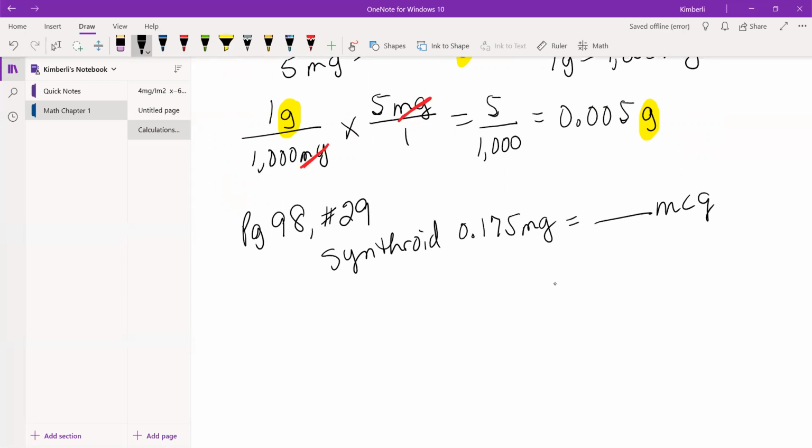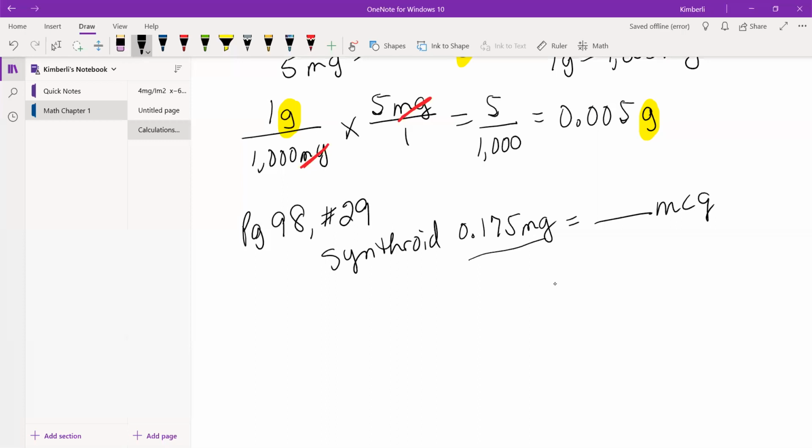Luckily, Synthroid comes in at least 10 strengths, I believe, probably 10 or 11. And the bottle will show you the microgram and the milligram amount. So that's good because it'll tell you it's 0.175 milligrams, and then underneath it in parentheses it'll tell you how many micrograms, or it might be the other way around, but it tells you both, which is nice because then you don't have to do this math every day when you're trying to fill a prescription.